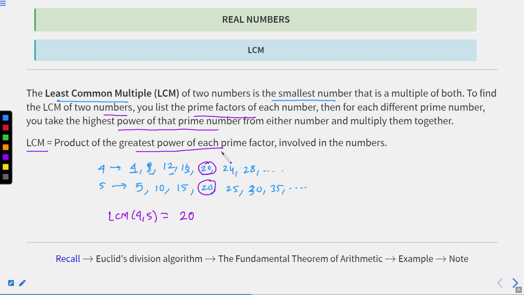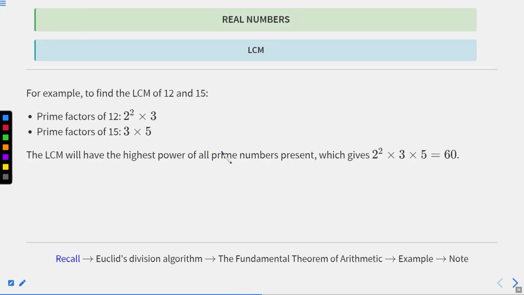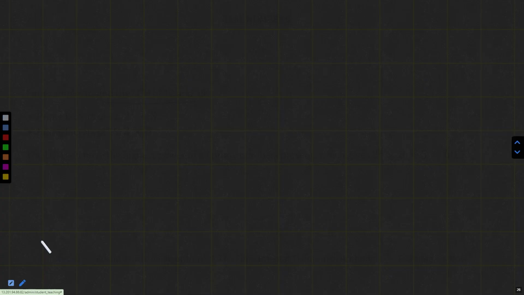Now, for example, to find the LCM of 12 and 15. First we will find the LCM of 12 and 15 by the general method. First we will find the multiples of 12.